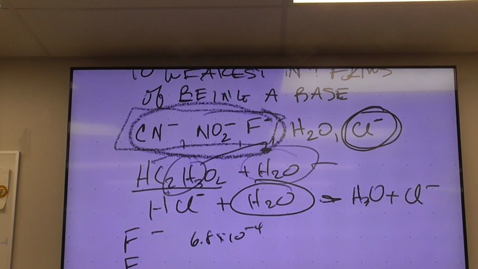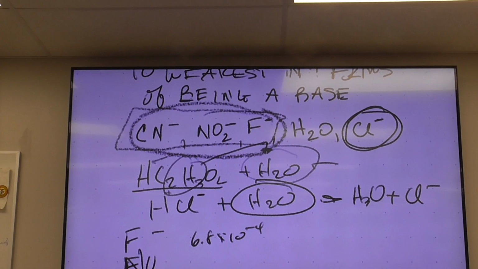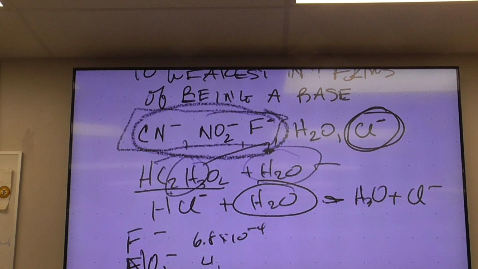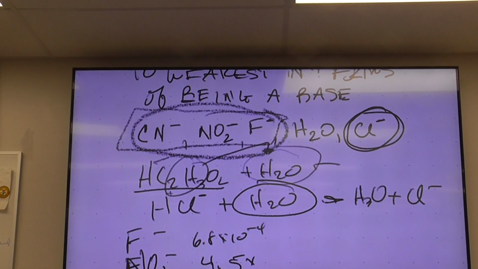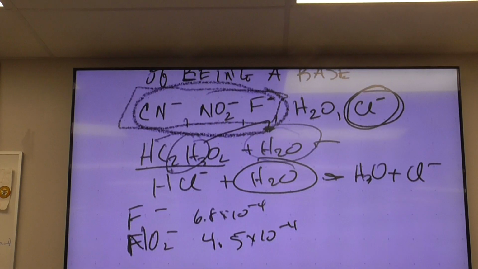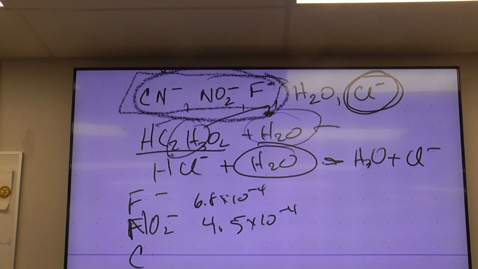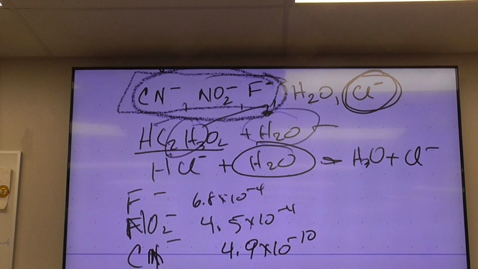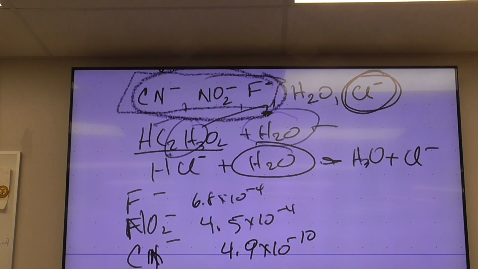The NO2 is 4.5 times 10 to the negative fourth, and for hydrocyanic acid, the Ka value is 4.9 times 10 to the negative 10th. That's the strongest.